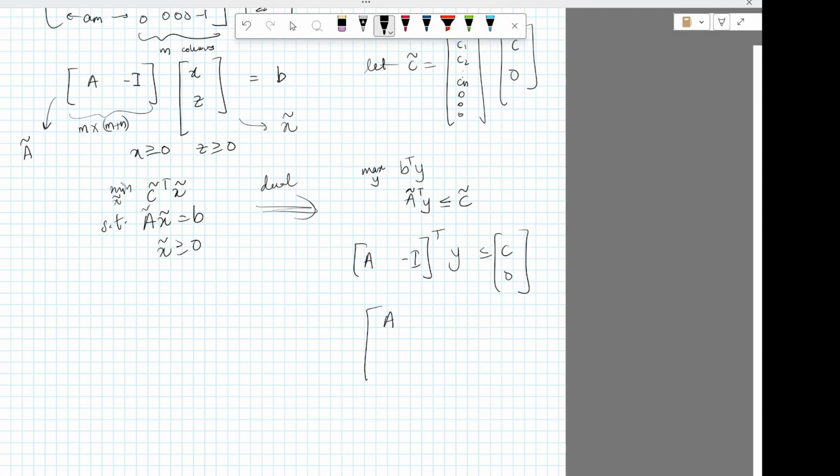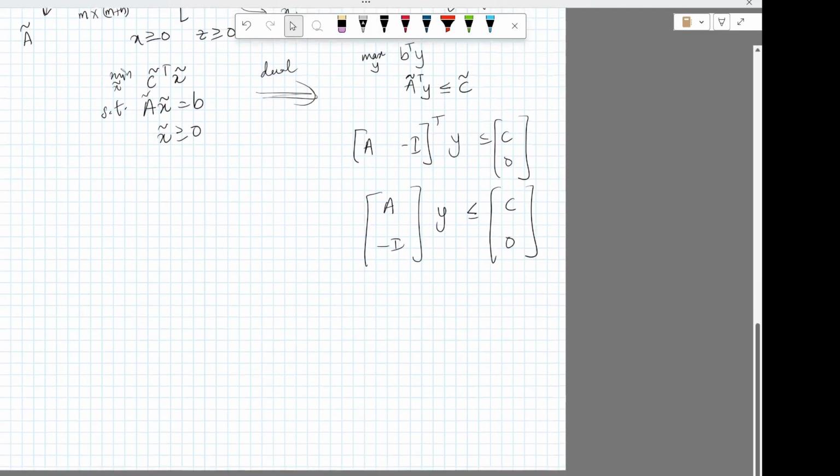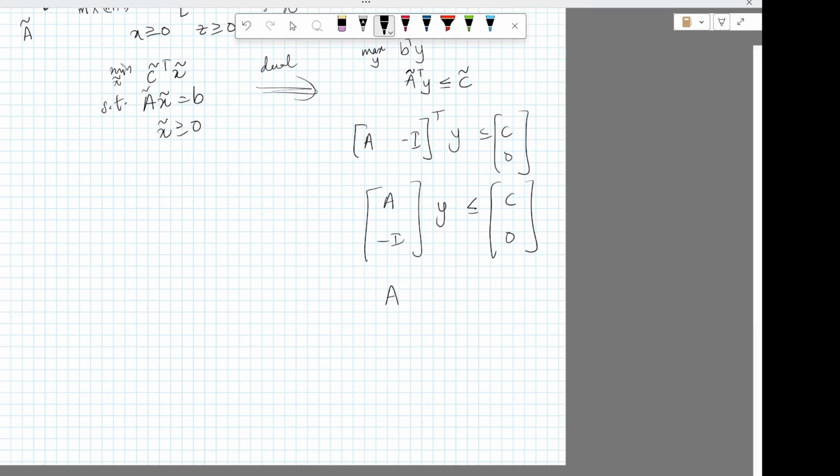So that is A minus I transpose y less than or equal to c, 0. So this you can write as A transpose y less than or equal to c and minus I transpose y less than or equal to 0, and this is basically y greater than or equal to 0.